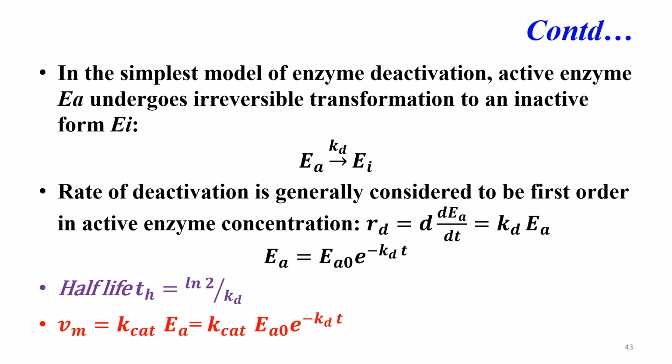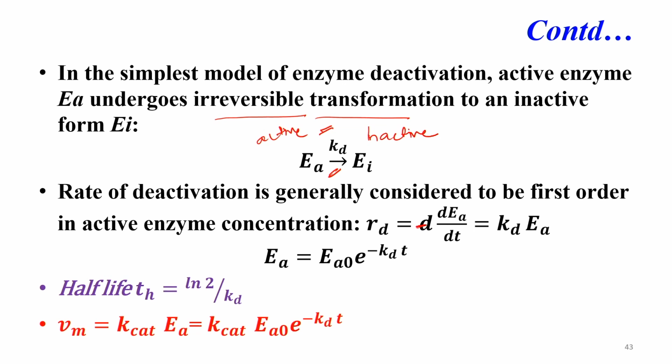Now, the simplest model for enzyme deactivation is an irreversible transformation. So, the active form of the enzyme becomes the inactive form with the deactivation rate Kd. So, we can calculate the rate of deactivation.